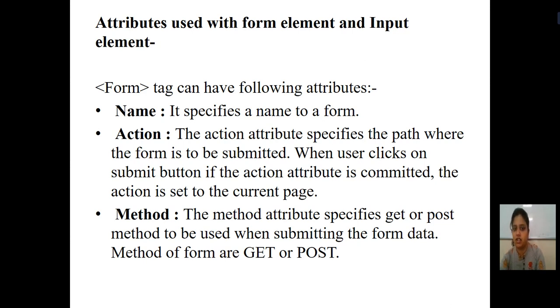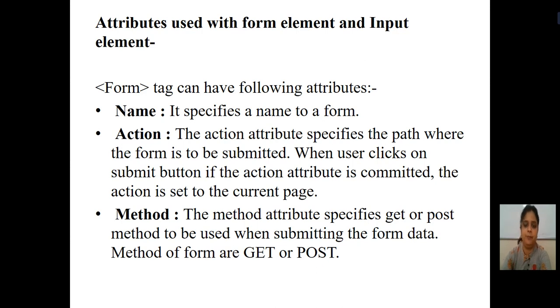Which are the three different attributes? Name, action and method. These are the three different attributes used for your form element and the input element. Now, the first attribute of form is name. It specifies the name of a form.